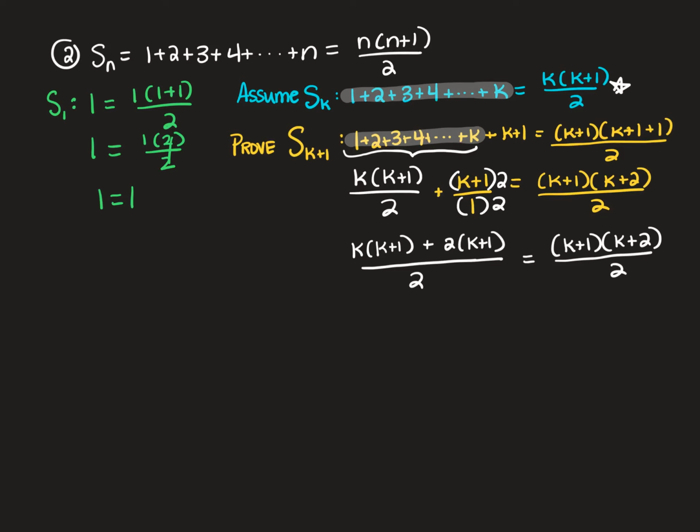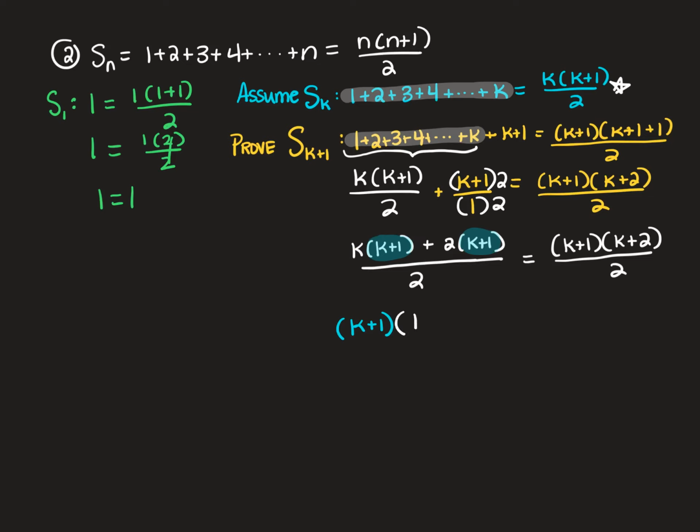So what I can do is recognize that this k plus 1 that we see here and here is a factor in both of these terms. Here's term 1, here's term 2. So I can factor that k plus 1 out. Now, when I do that, what will be left after I factor out a k plus 1 from this term is just k.